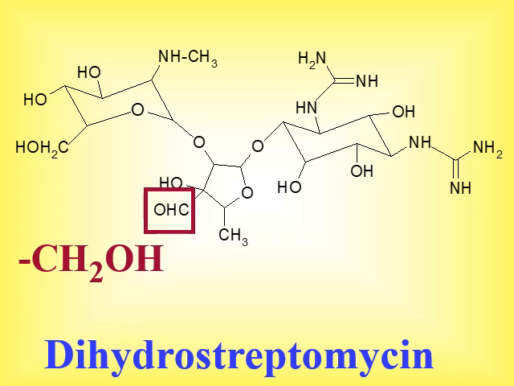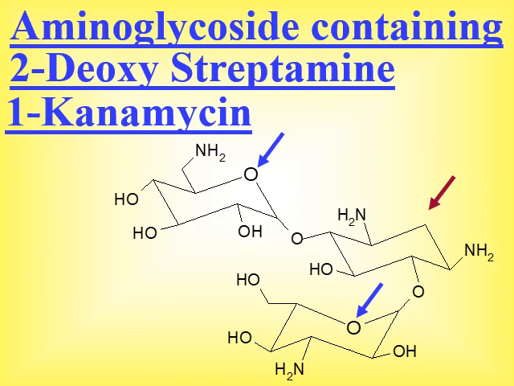We prepare it from the streptomycin by the reduction of the aldehyde position of the L-streptose to alcohol. So dihydrostreptomycin is prepared from the streptomycin by reduction of the aldehyde of the L-streptose to alcohol.